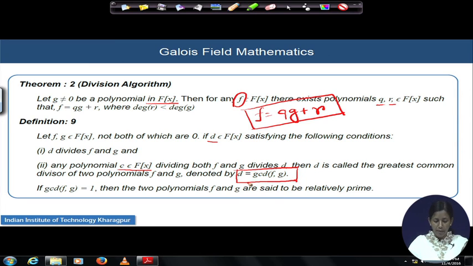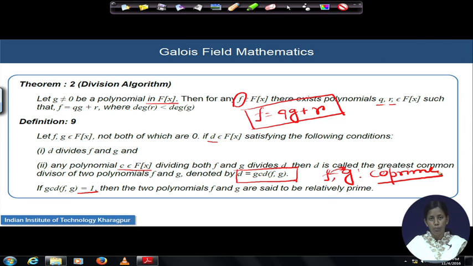If we find that the greatest common divisor of f and g, or any two polynomials, is equal to 1, then we will say that those two polynomials are relatively prime to each other, or we call it co-prime. We have seen this term co-prime when we were discussing the formation of a group.